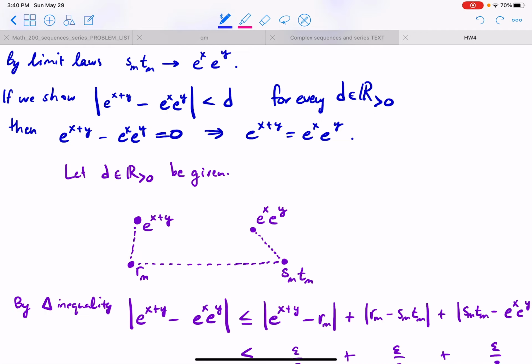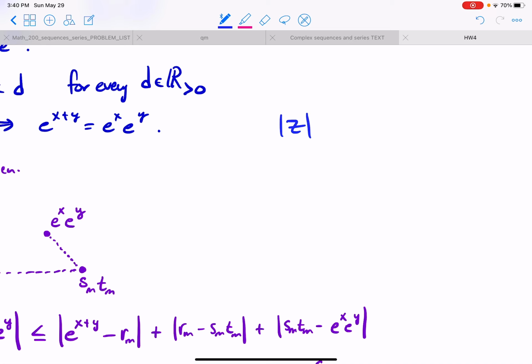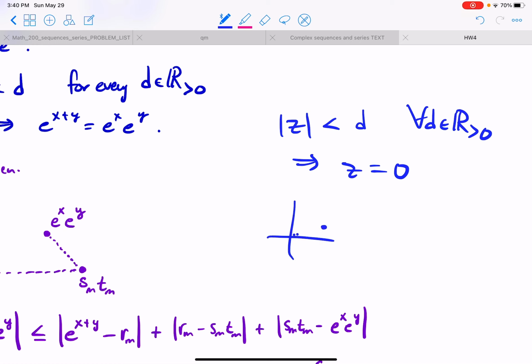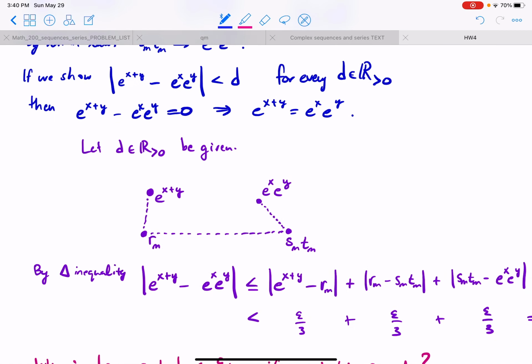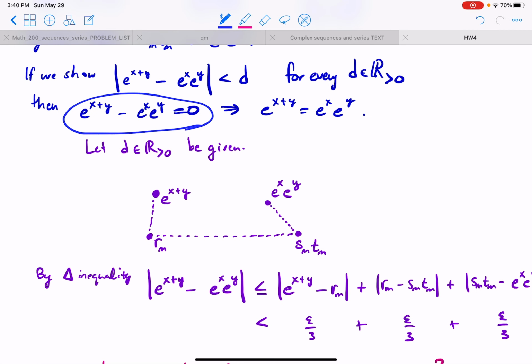And you can see that, like, if the absolute value of some complex number is smaller than d for every positive d, that implies that z is actually the 0 complex number. If it weren't, then it would be here, and this would be a positive number. We could take half of that, and it would get a contradiction. So anyway, this is valid. And if that's the 0 complex number, then e to the x plus y is equal to e to the x times e to the y. So this will be our strategy.